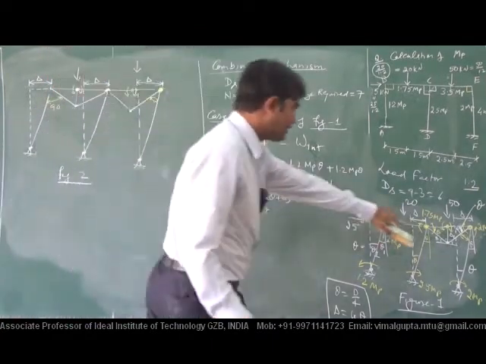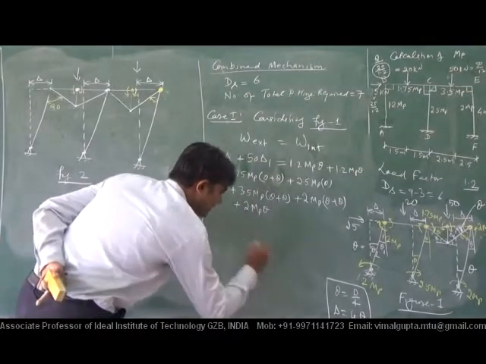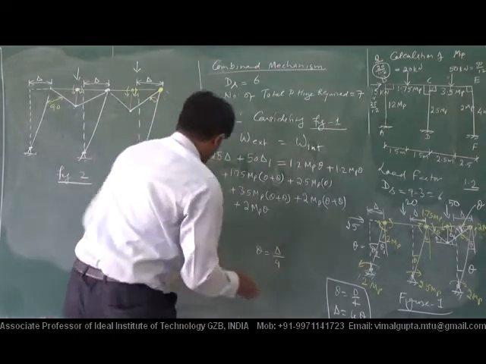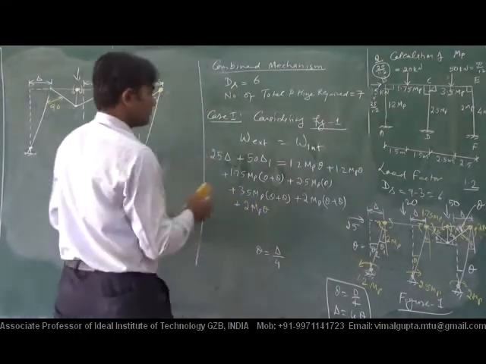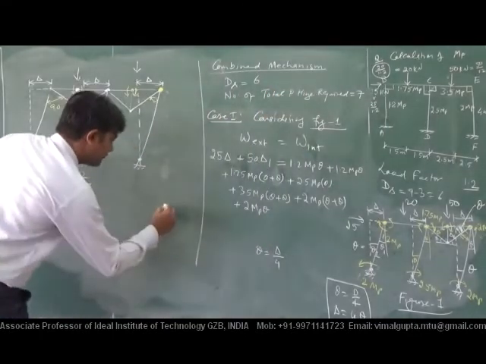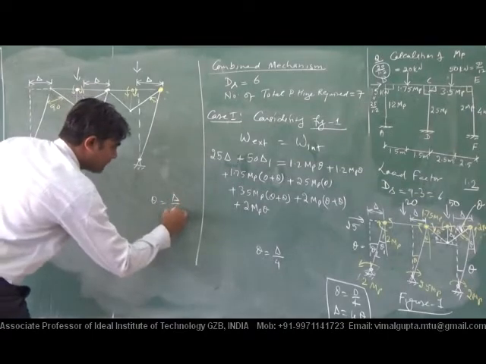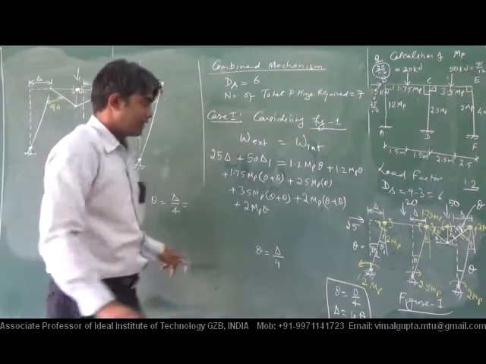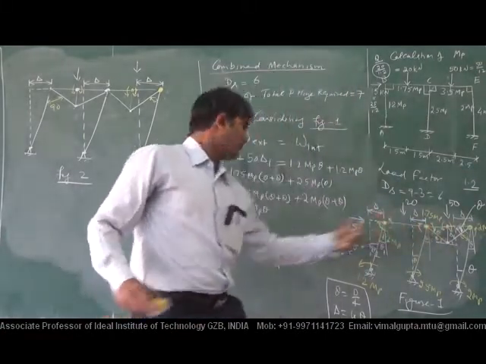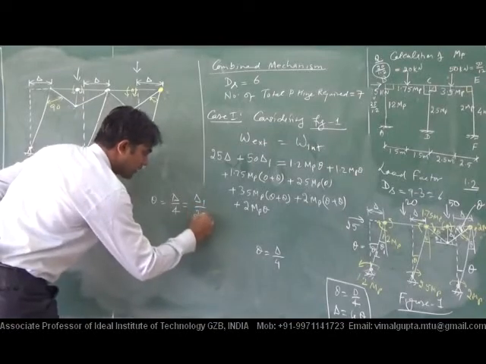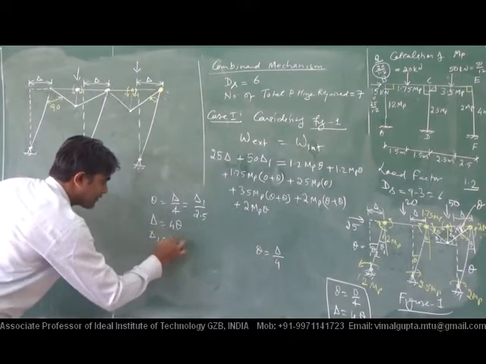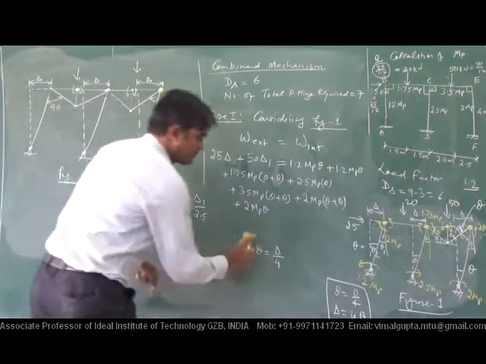Since we know that theta equals del by 4 equals del 1 by 2.5, so it is del 1 by 2.5, so the value of del is 4 theta and delta 1 is 2.5 theta. Clear to everybody?